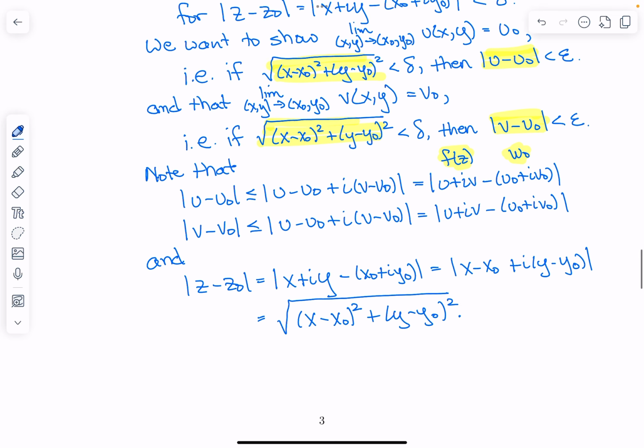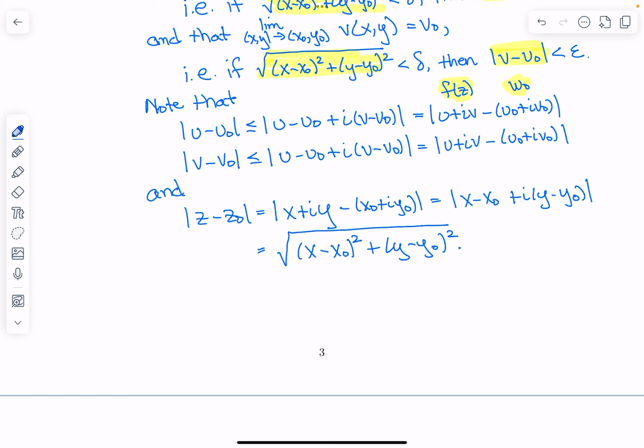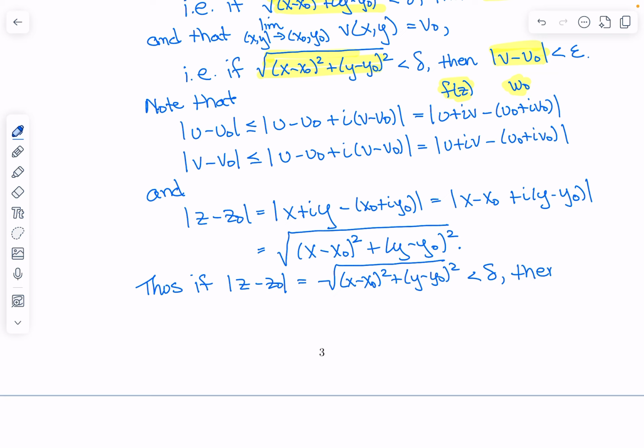Okay, now that we're putting all of those things together, if we assume that z minus z0, which is the same as that Euclidean distance, the square root of x minus x0 squared plus y minus y0 squared, is less than delta, then we have that u minus u0 in absolute value is less than or equal to f of z minus w0.